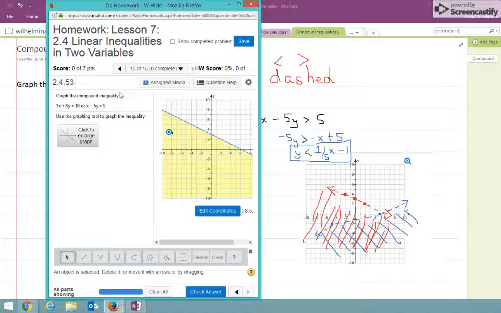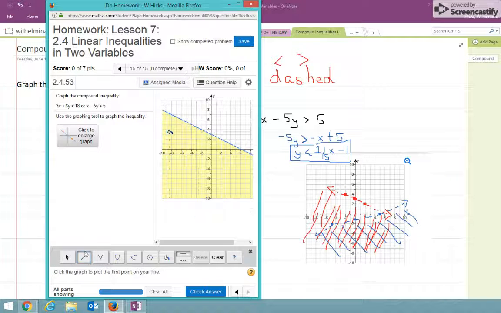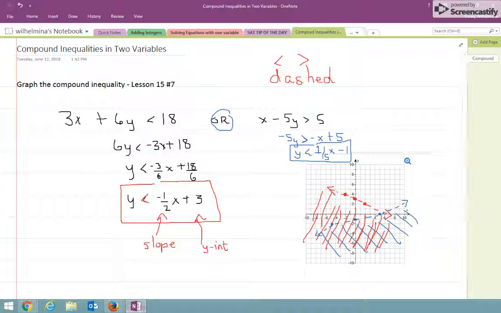For the other inequality, we're going to get our line tool, put a dot on -1. That was the y-intercept. Go up 1 over 5. And we also need a dash line. Now remember, even though they have erased this, all of this is still needed.